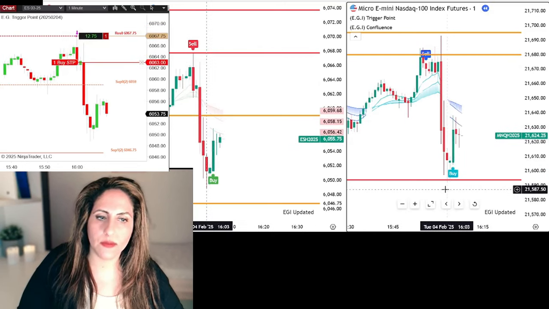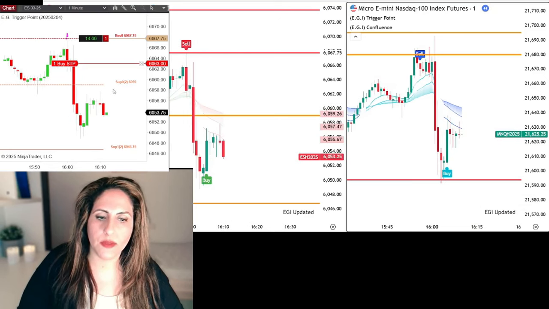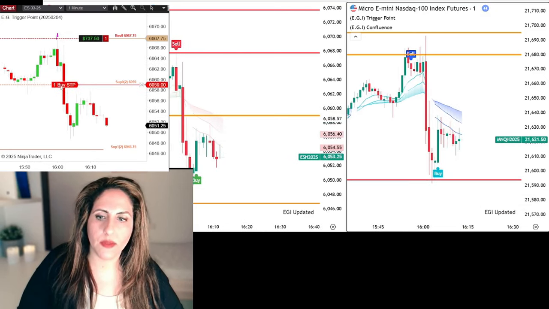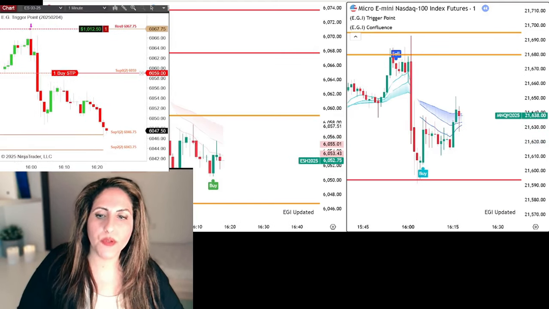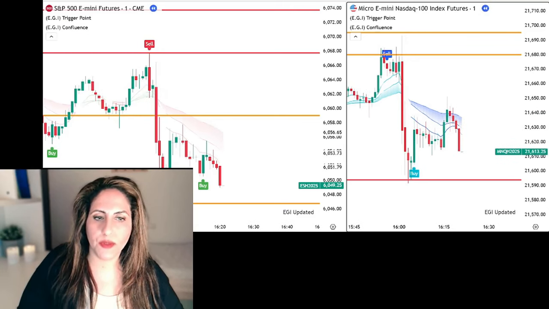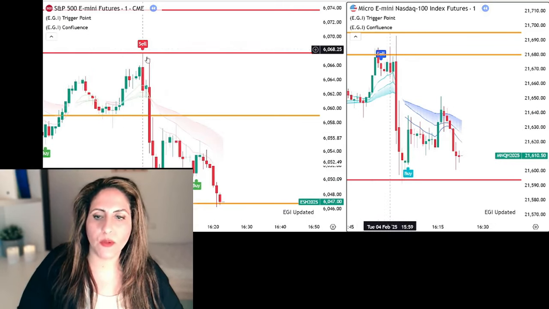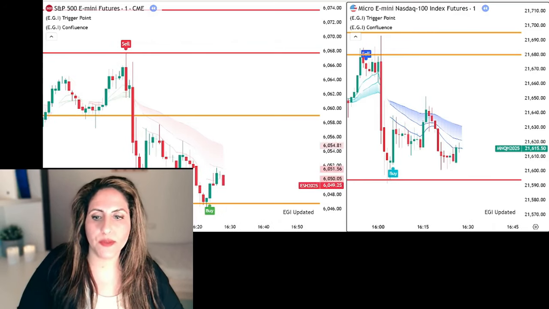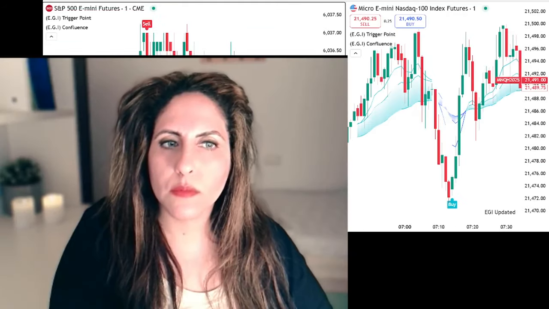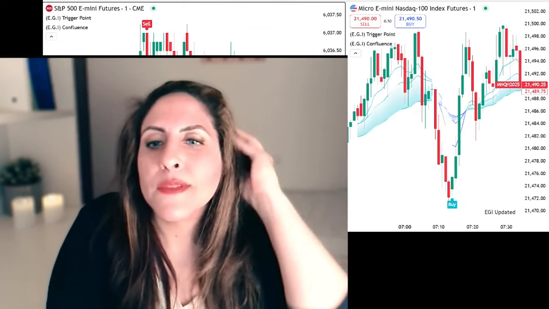Look at this, guys. Look at this. What beautiful opportunities there are when signals or trigger points are aligned for both correlated instruments. So beautiful.